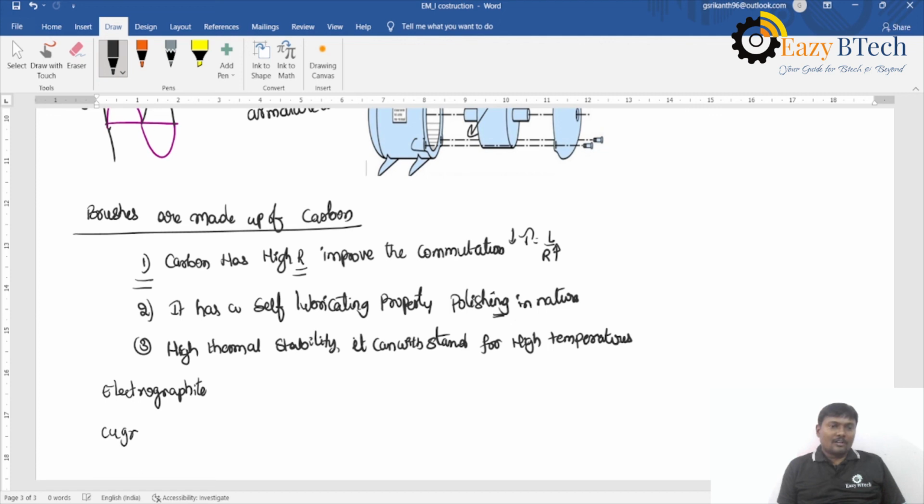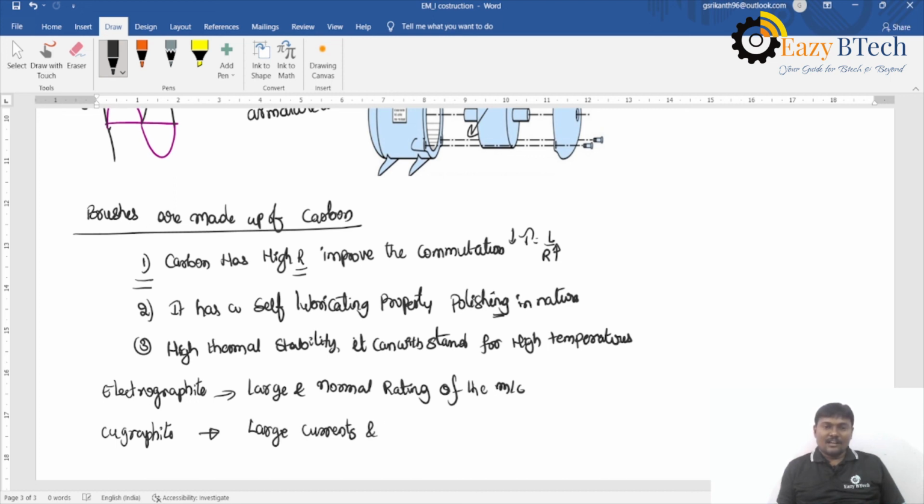Generally, the brushes are made up of electrographite and copper graphite. Electrographite is used for large and normal rating of machines, and copper graphite is used for large currents and low voltage applications, low voltage machines.